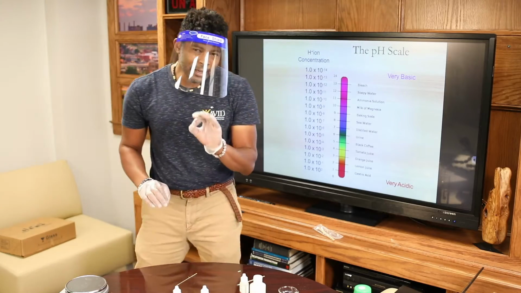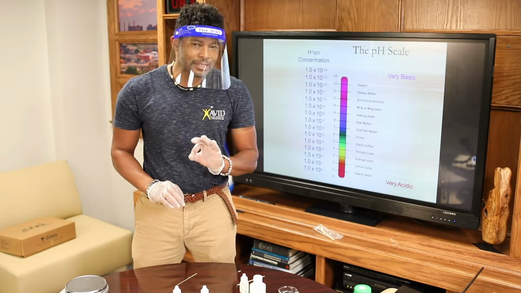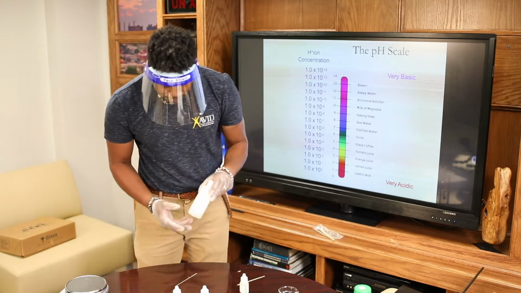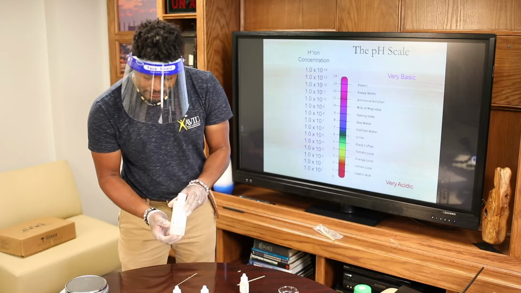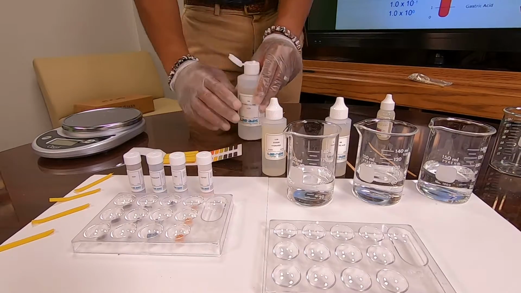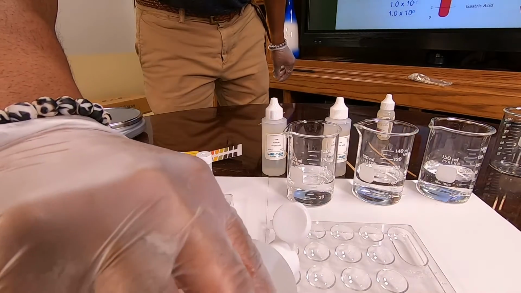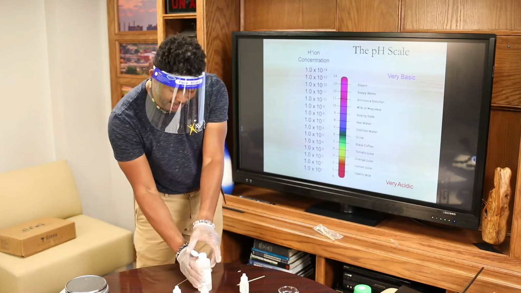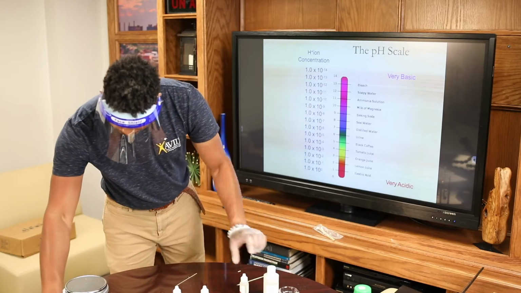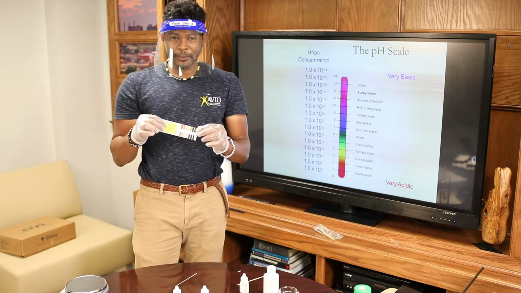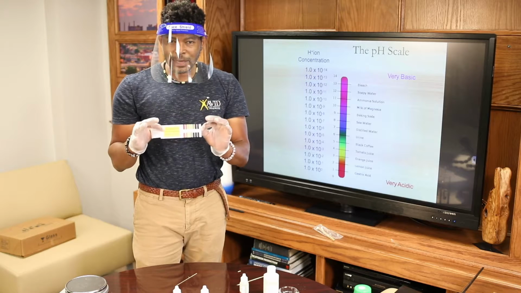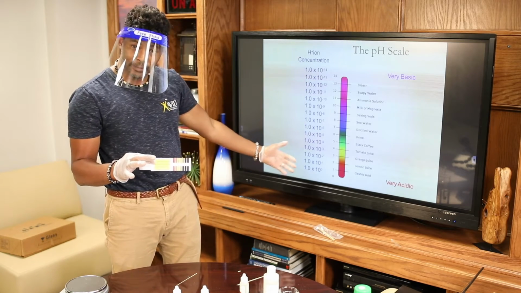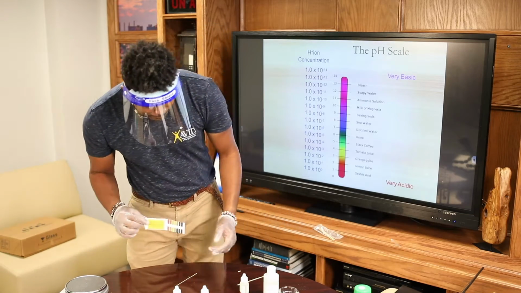Now, one thing about acids: all acids are not created equally. Here's what I'm talking about. This is hydrochloric acid, and one of the things that is unique about it is that it is considered a strong acid. pH paper is an easy way to figure out where an acid or base falls on the scale.